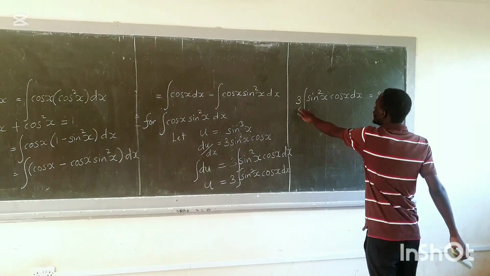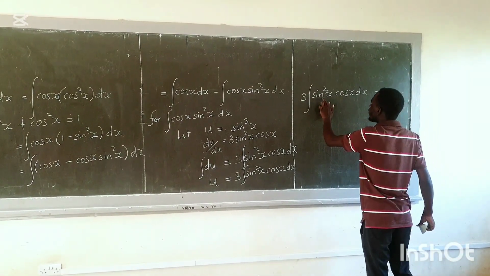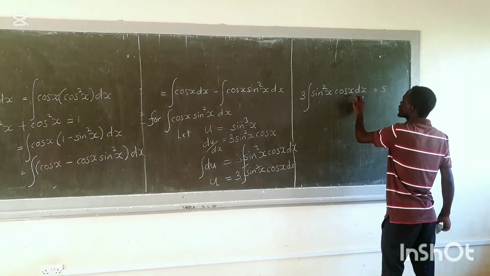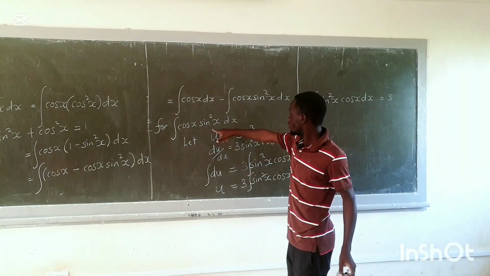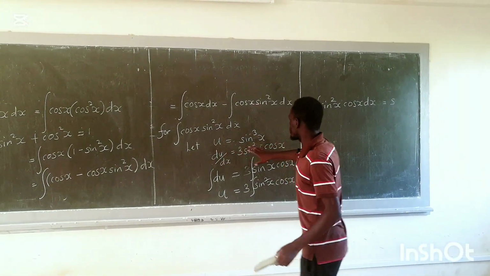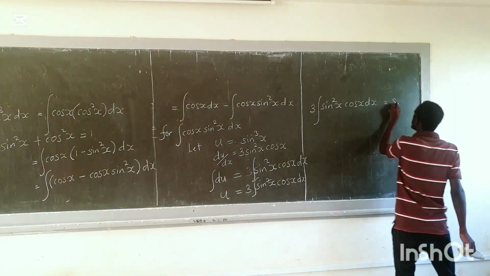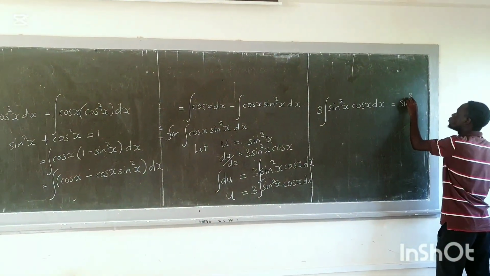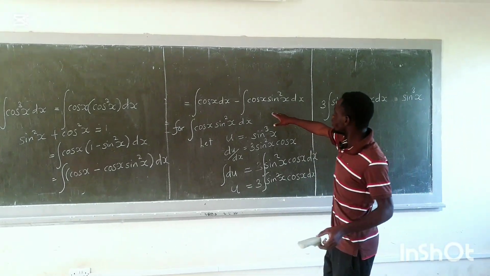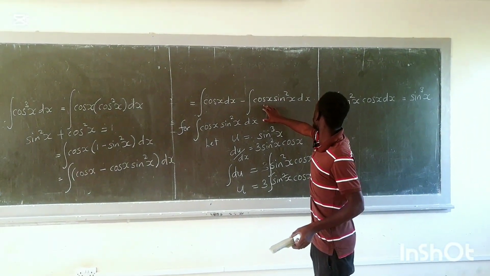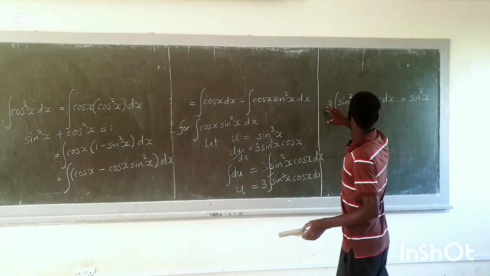So 3 times the integral of sin^2 x cos x dx is equal to my u, but my u was sin^3 x. But in my integral, I'm not having a 3, but here I'm having a 3.